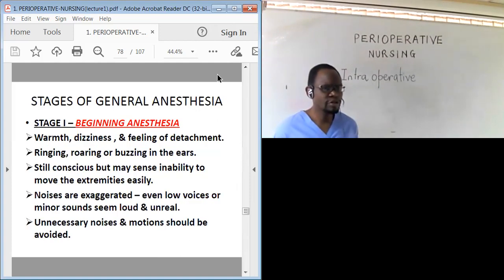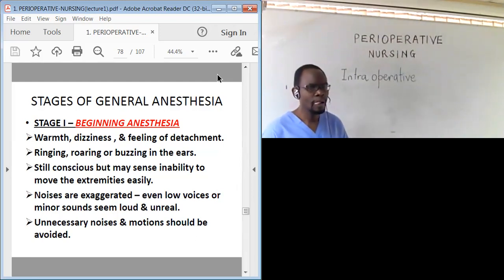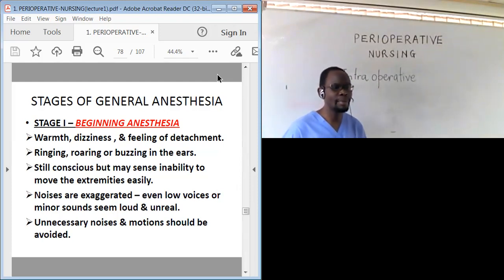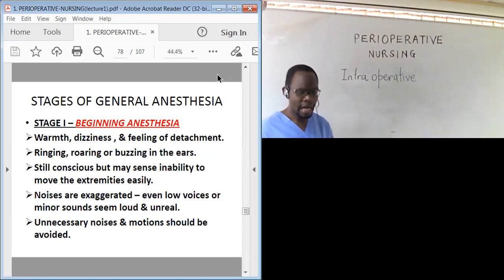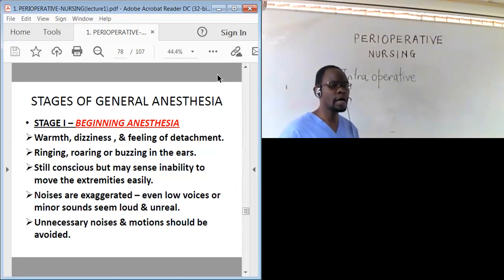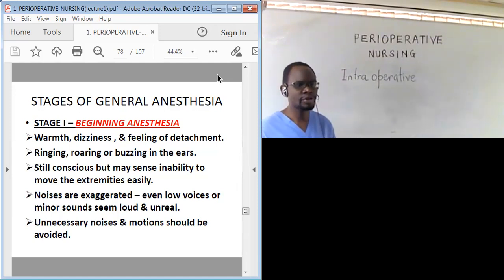Now, what are the stages of general anesthesia? We have stage 1, or the beginning of anesthesia. Here, the patient feels warmth, dizziness, and a feeling of detachment from reality, with ringing, growling, or buzzing in the ears. This is especially common with ketamine, a general anesthetic.